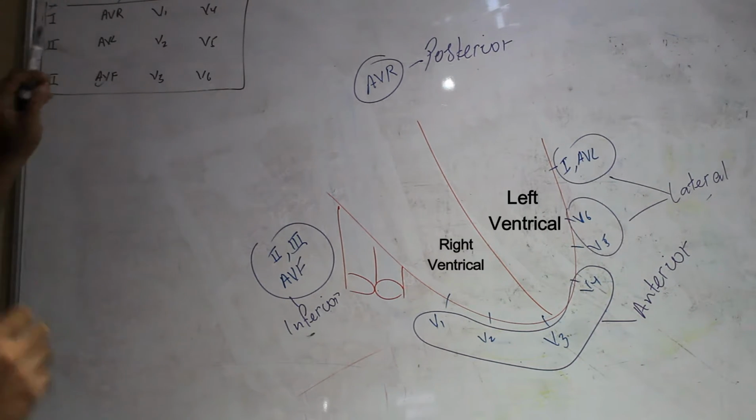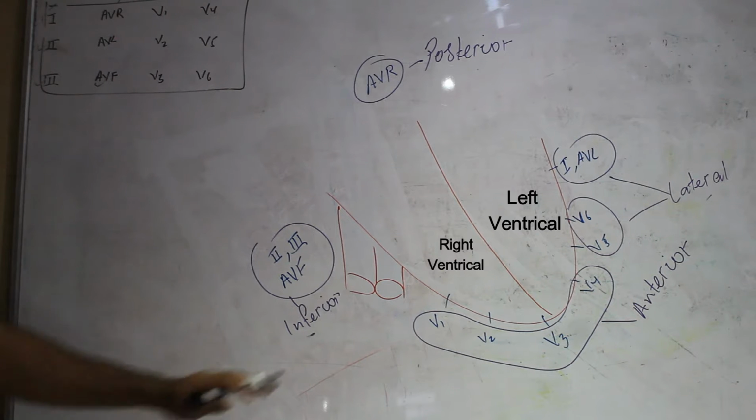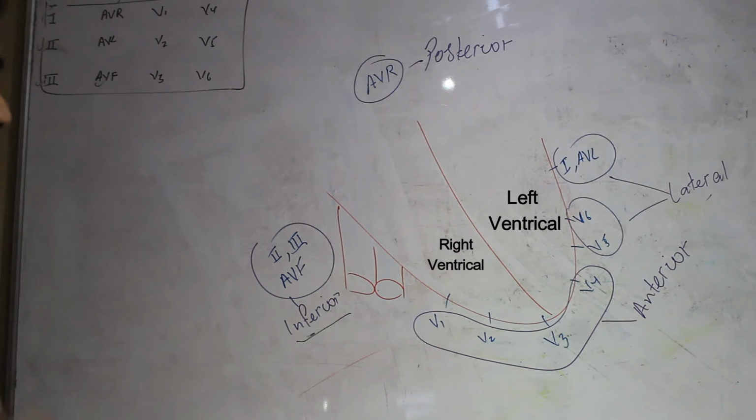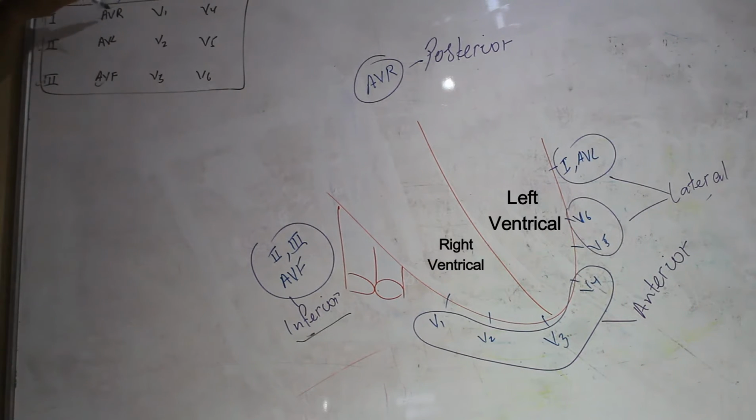Okay, so now we have to understand what areas of the heart these leads are looking at. Just remember that your lead 2, lead 3 and AVF are looking at the inferior part of the heart. Your posterior part of the heart is being looked at by the AVR lead, which is given here.